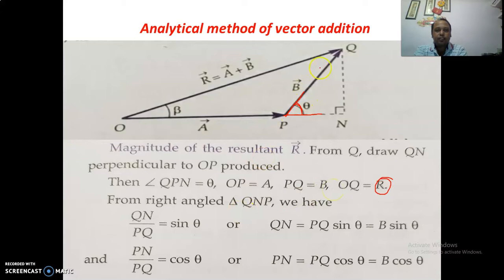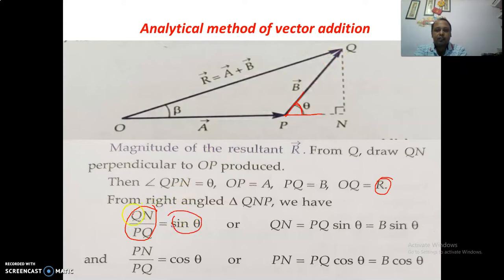First of all, we consider the triangle QNP. This is a right angle triangle. In this right angle triangle, sine theta is the perpendicular by hypotenuse, or opposite by hypotenuse, which is QN by PQ. So you write here QN by PQ is equal to sine theta.